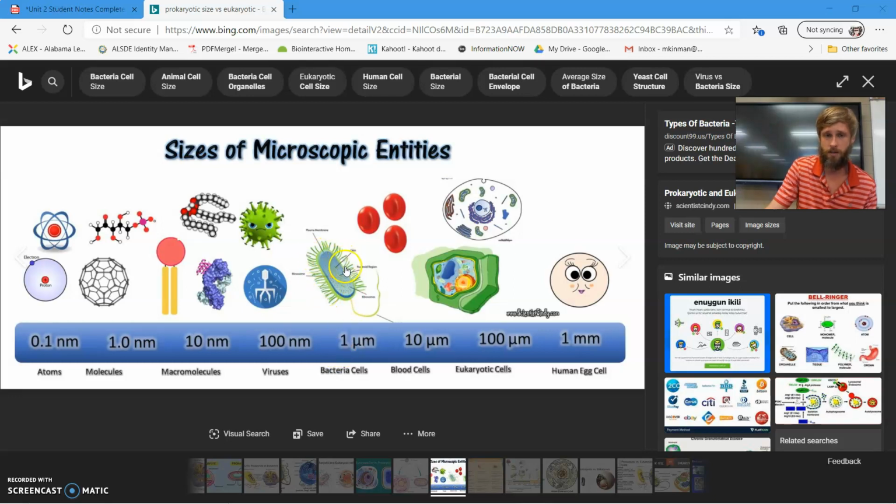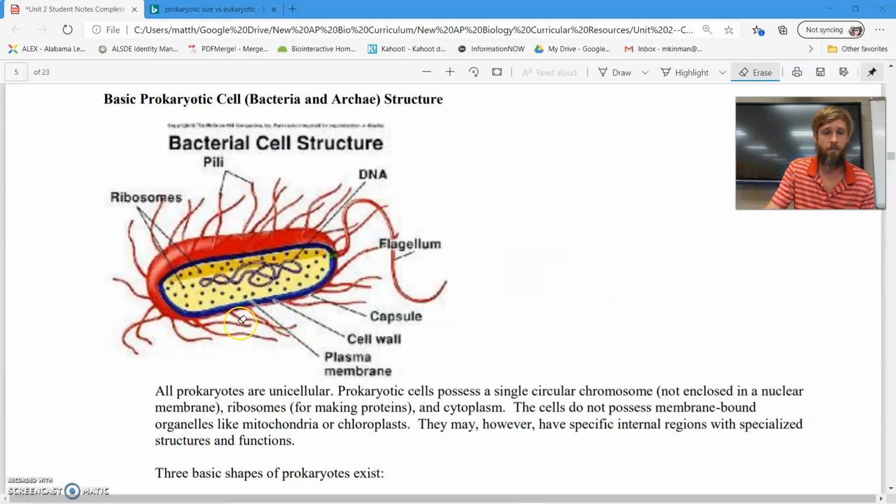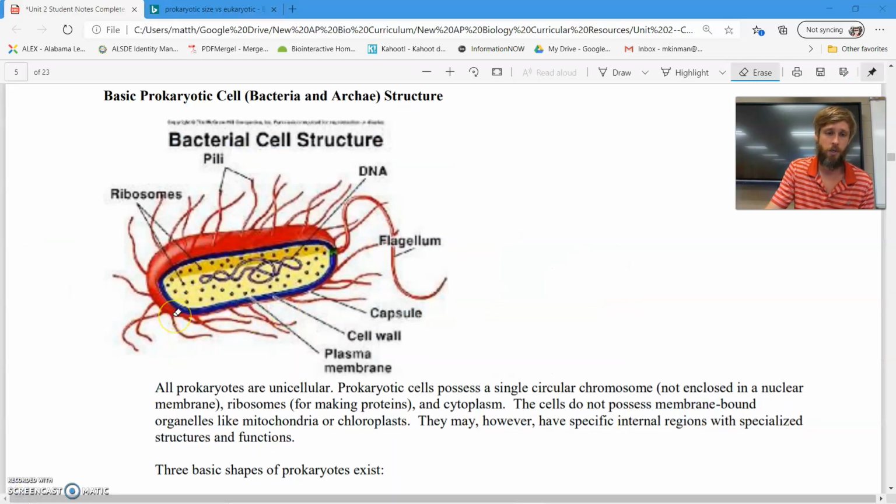So prokaryotic cells are a lot smaller, and then even smaller than that we get to viruses, which are only about 100 nanometers, and then we get even smaller all the way down to atoms. But the thing to see here is the difference between bacterial cells and eukaryotic cells. They're way smaller.